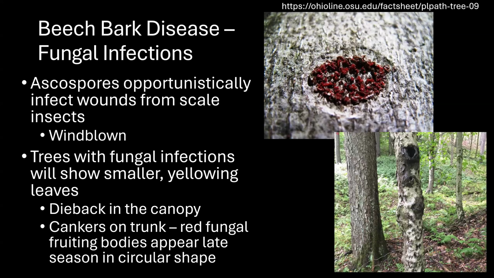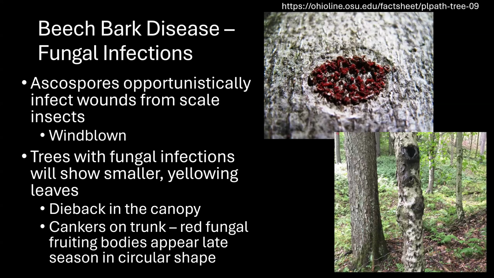Now, what happens whenever they infect those wound areas? You're going to see a couple things, okay? First off, when you start to get a more severe infection, you're going to notice symptoms on the tree. You're going to see that maybe the tree's producing smaller leaves, or the leaves are starting to look chlorotic, starting to yellow.